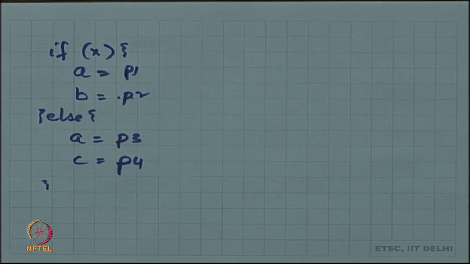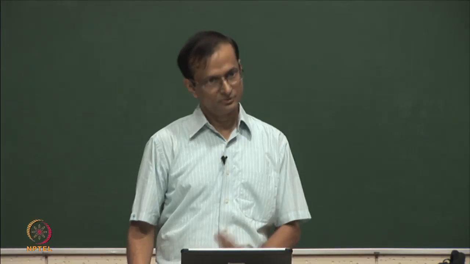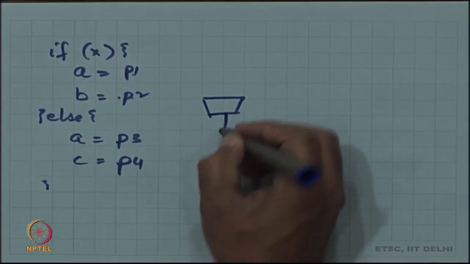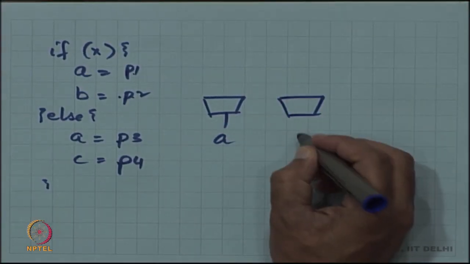How do we translate these assignments into muxes? We need a mux for every assignment. For every distinct variable that is being assigned, we need a mux. So, that is what I would need.